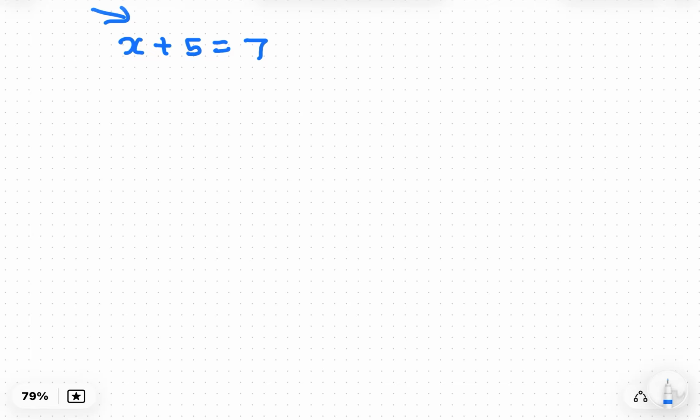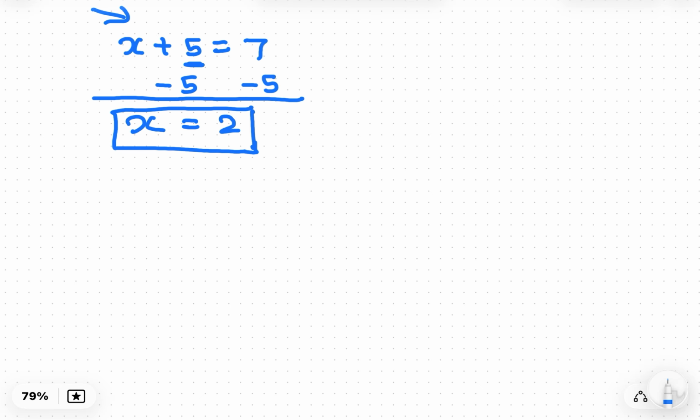Now detect what operations are already done on that side. We can see 5 is added to x, so we will do the inverse of it. The inverse of adding is subtracting. So we will subtract 5 on both sides so the equation is maintained. It will be equal, and we get the value of x, which is 2.